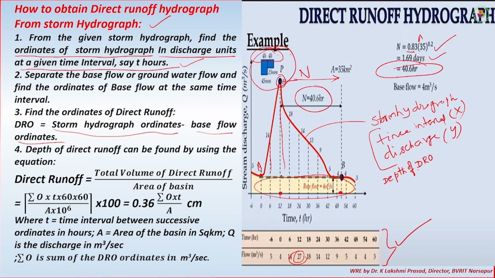Right. Next important thing: what is the depth of direct runoff? How can I get the depth of direct runoff? It is nothing but the volume of runoff divided by the area of the catchment, because this runoff is from the entire catchment.